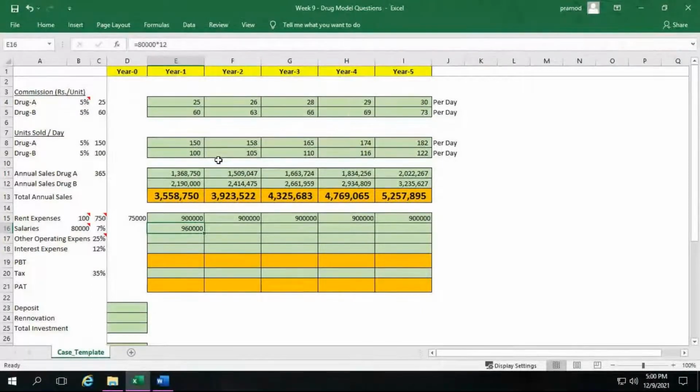But in the first year they are telling 80,000 for the total 1 year. It is 12 months, so 80,000 into 12 months. My salary expenses will be 9,60,000.